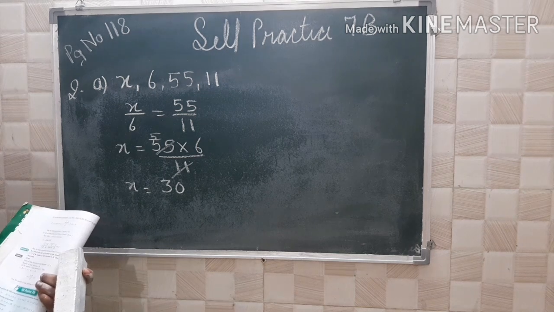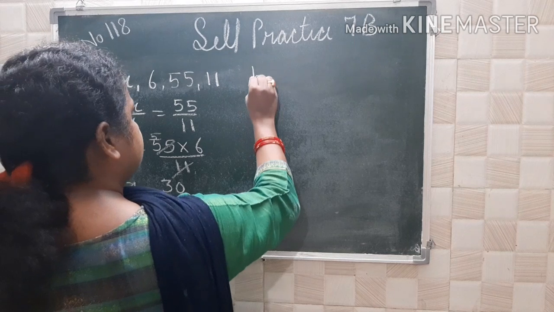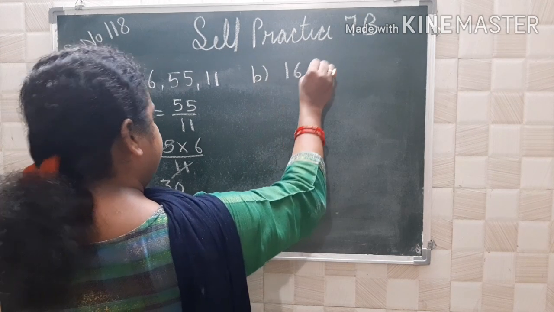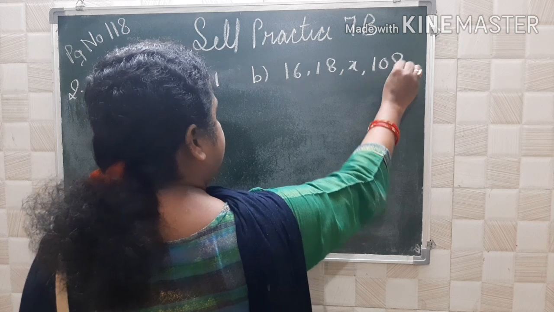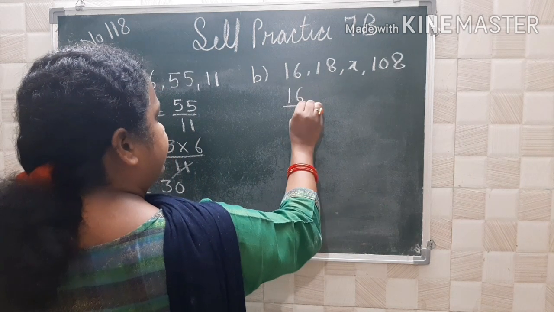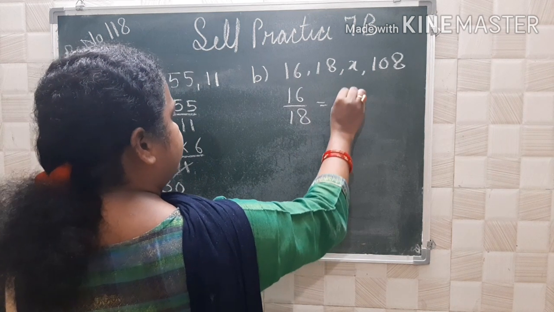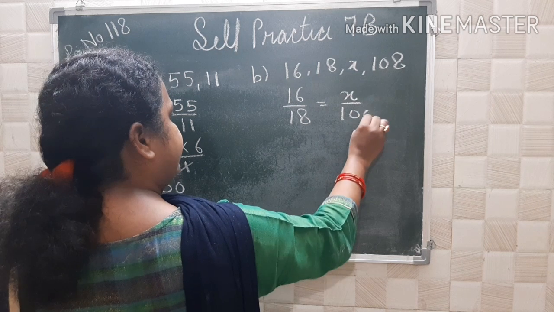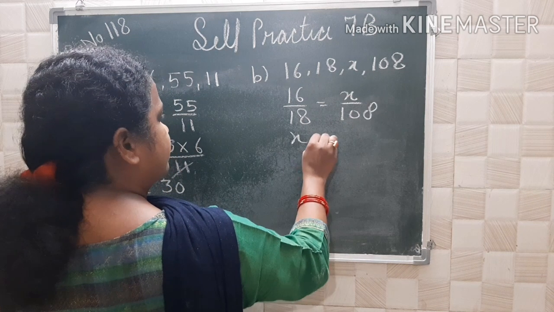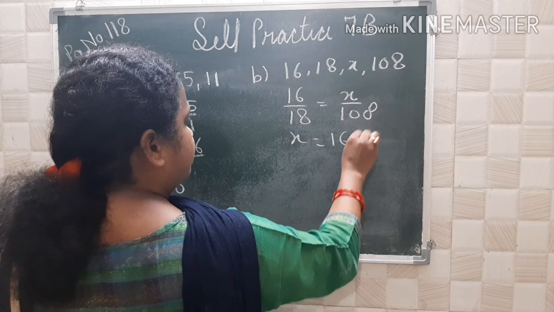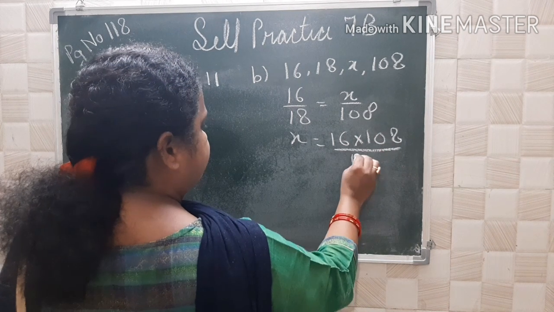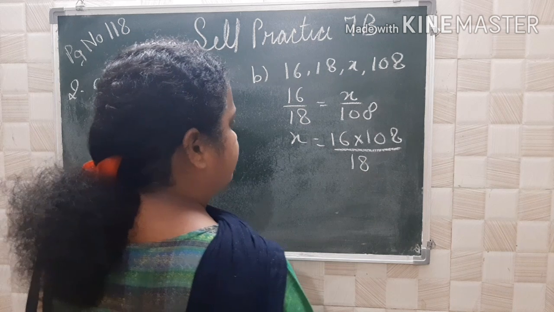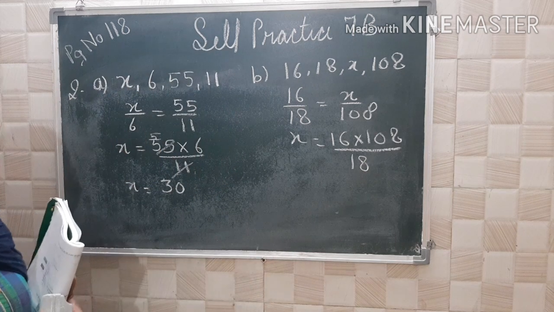See the B part. 16, 18, x, 108. 16 upon 18 is equal to x upon 108. X is equal to 16 into 108 upon 18. Correct?